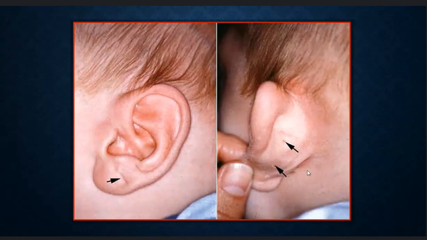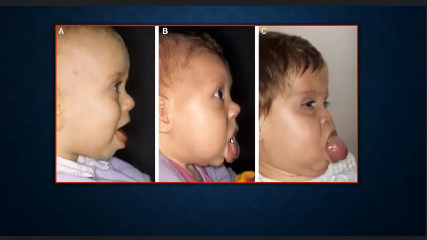And here are the ear pits. The normal one is a preauricular pit, but here it is in the auricle itself. And this patient has severe macroglossia, and after surgery for this patient, his tongue diminished in size.